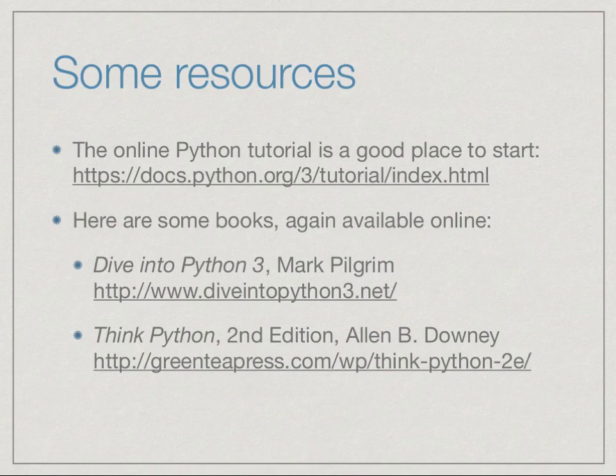And there are 2 books which are probably useful to understand Python beyond what is covered in the lectures if you feel that something is not clear. There's this book called Dive into Python, which is adapted for Python 3. And there is a book called Think Python, which is generally about computational thinking in the context of Python. Both of these have the nice advantage that they are available online, so you don't have to buy anything. You can just browse them through your browser on the net.